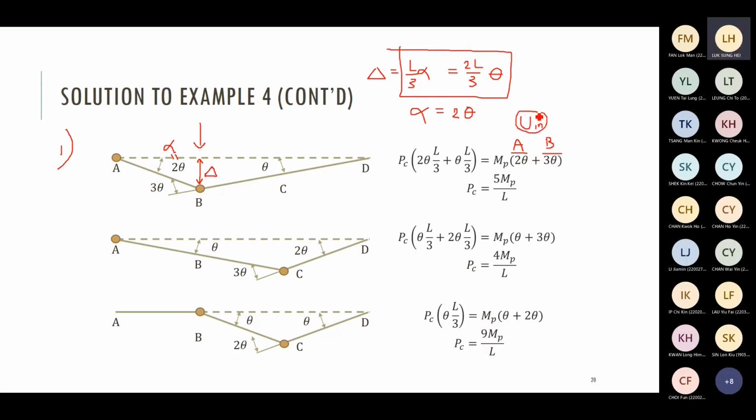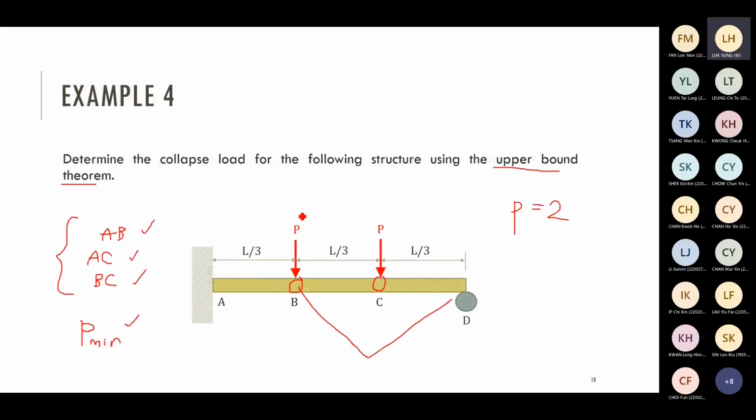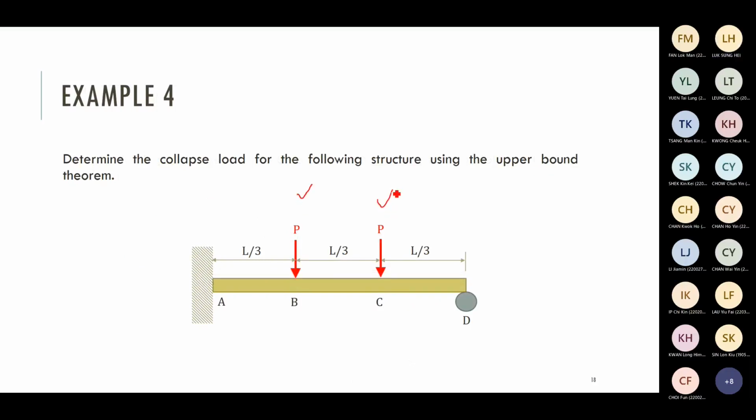You also have to calculate external work. When you calculate external work, remember that there are 2 loadings here. There are 2 forces. When the beam bends in this manner, you can see that both the force at point B and the force at point C will do work on the structure.